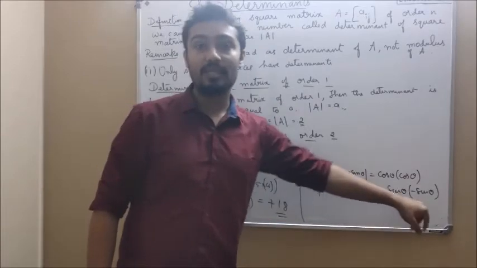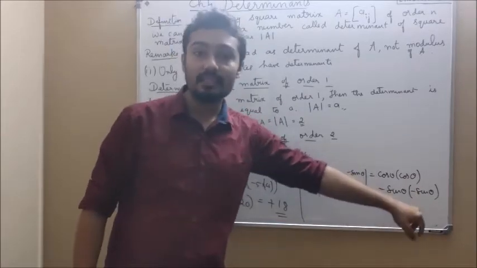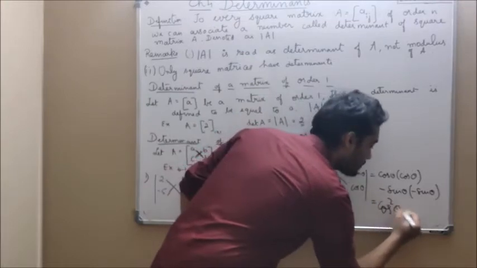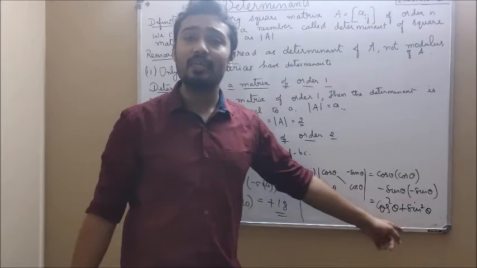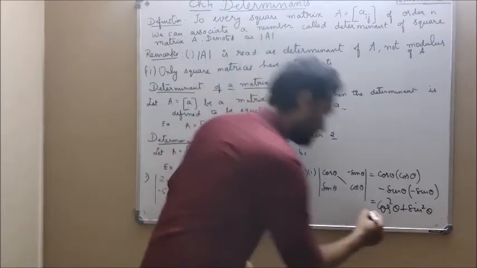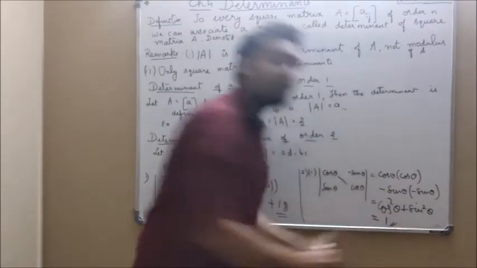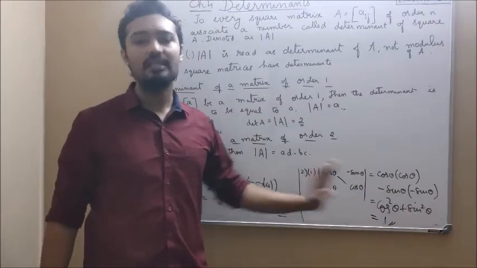Minus into minus is plus, sin theta into sin theta is sin square theta. So it is cos square theta plus sin square theta, which is nothing but 1. So that is the determinant.